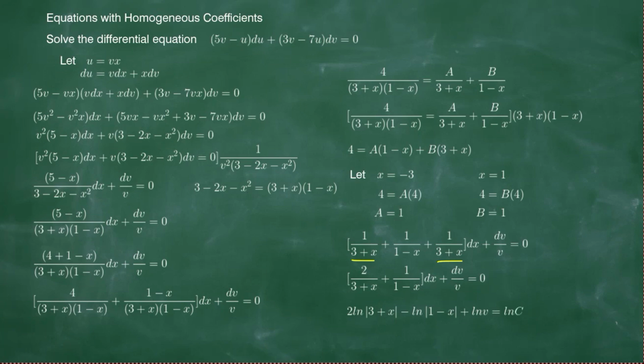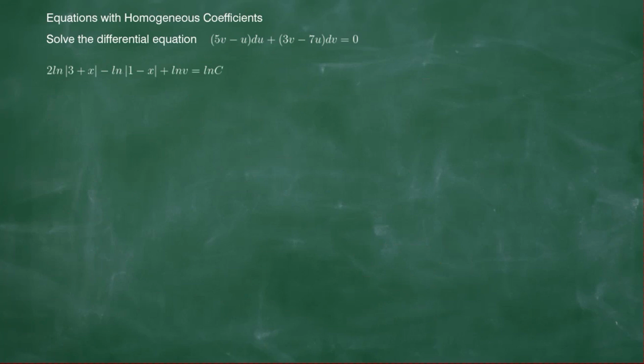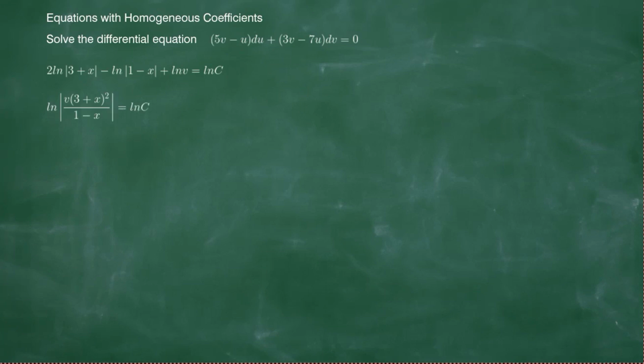Then we will copy that equation into the next slide. 2 times ln(3 + x) minus ln(1 - x) plus ln v equals ln c. So by the law of logarithms, we can multiply v into ln v and 2 times ln(3 + x), giving v(3 + x)² divided by (1 - x) equals c.